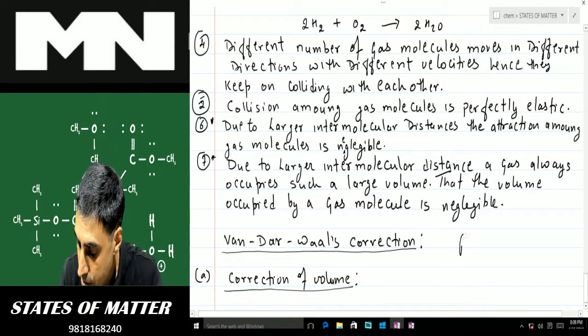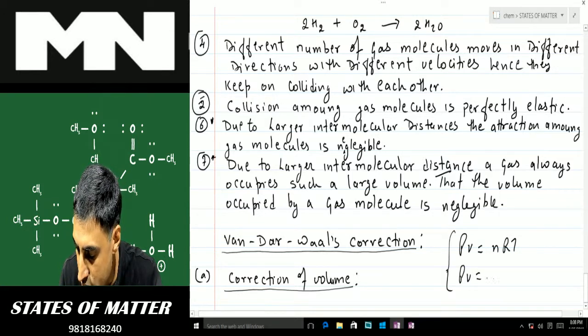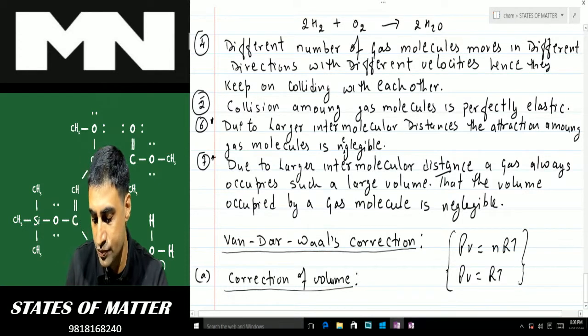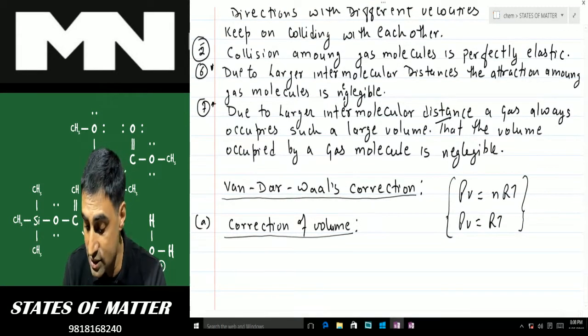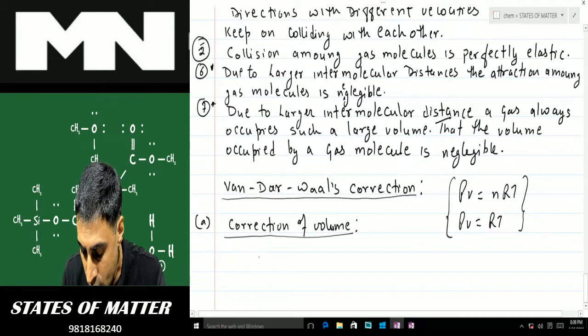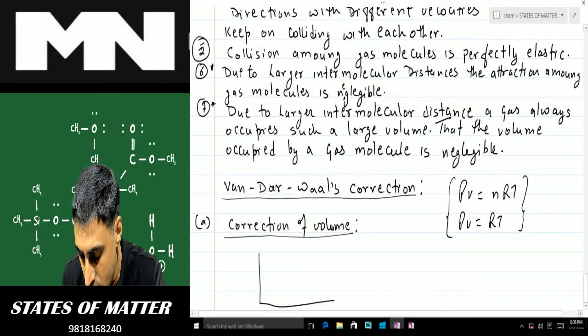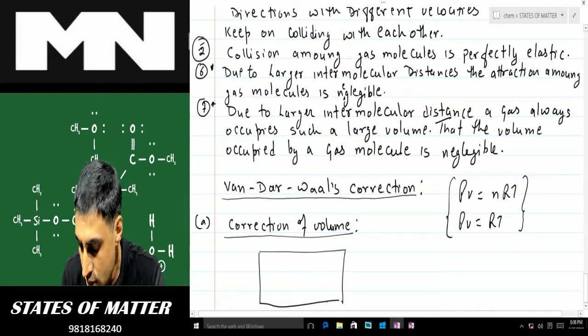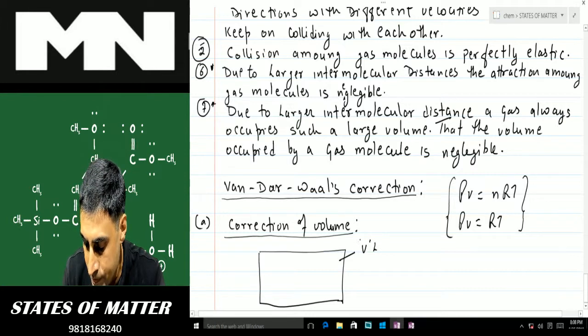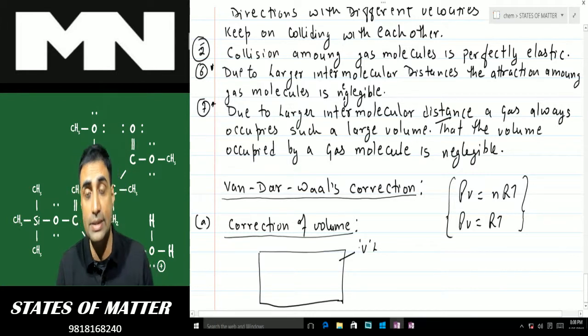Here I am writing PV equals nRT, or PV equals RT for 1 mole of a gas. Correction for volume. We'll see this, students. Suppose here I've got a container, and suppose the volume of this container is V liters.